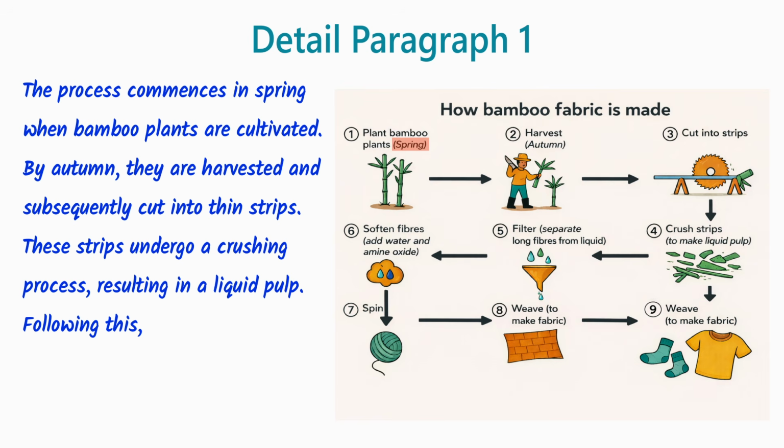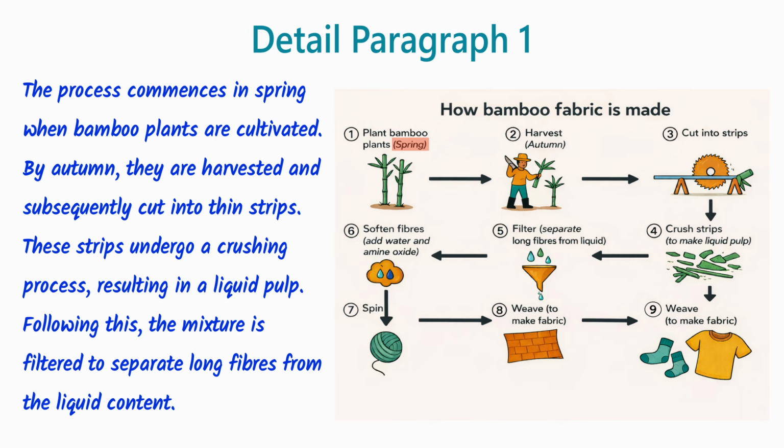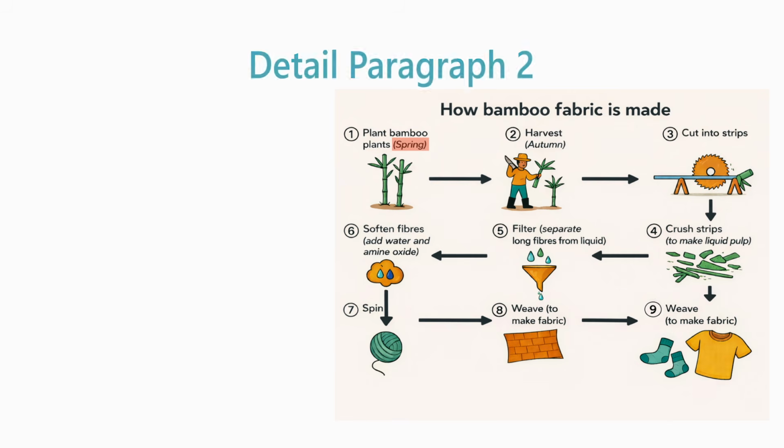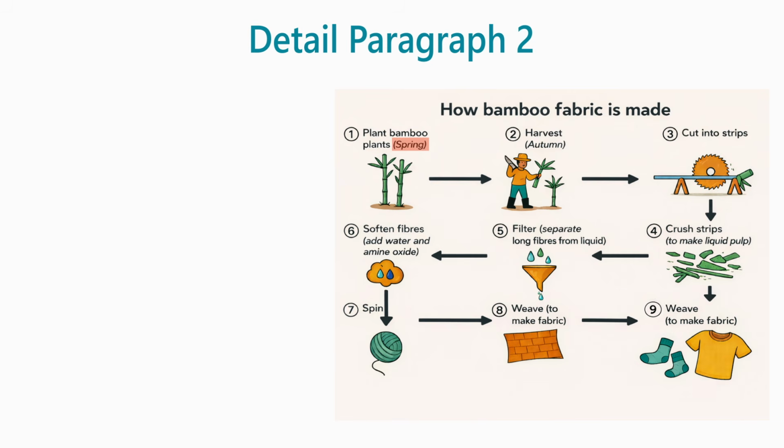Following this, the mixture is filtered. You see how many passive voices I use here in writing this report. The mixture is filtered to separate long fibers from the liquid content. So this is stage 5. Now from stage 6, I'm going to put that in the second detailed paragraph.